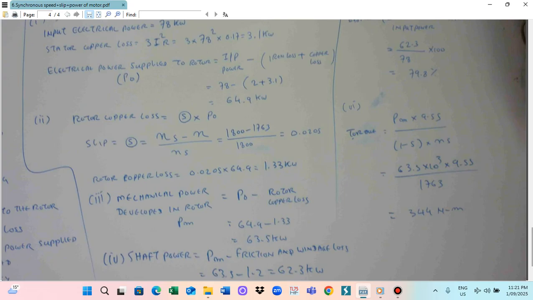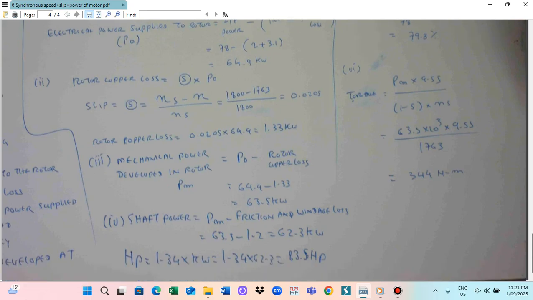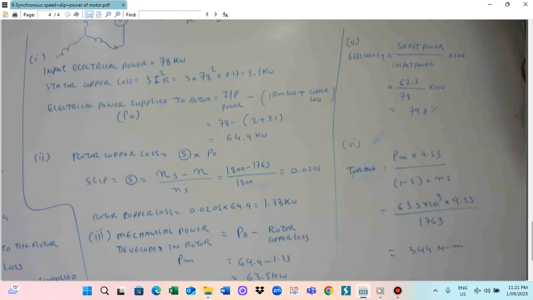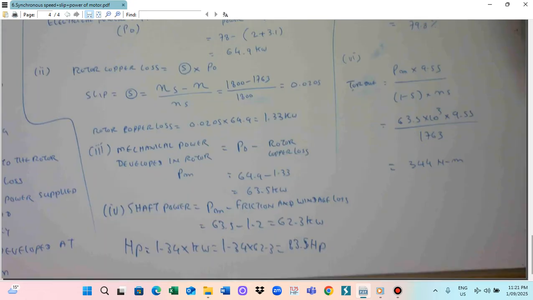So you got the shaft power. In this case we already know the input electrical power and the shaft power. Shaft power is the final output, and the input electrical power is the original input. The output shaft power is in kilowatts, so you multiply by 1.34 to get the horsepower.